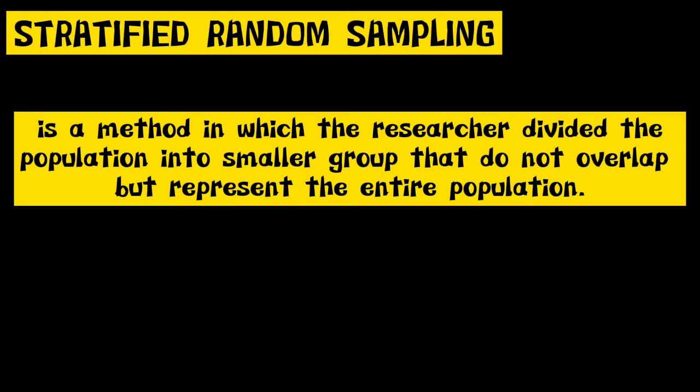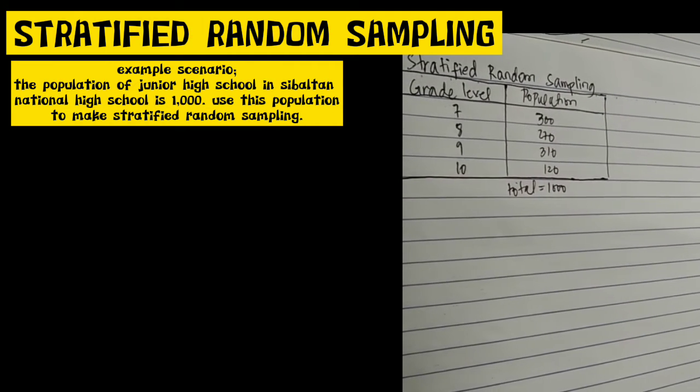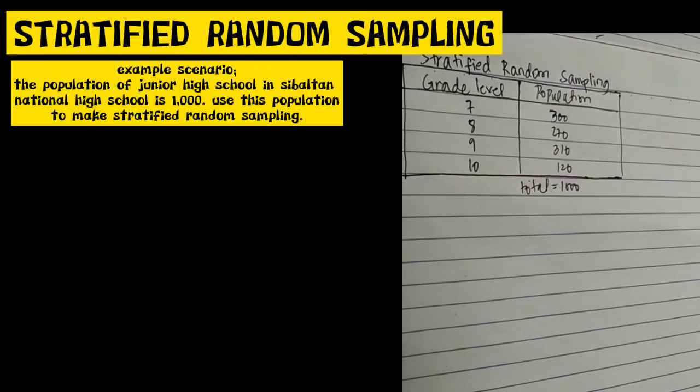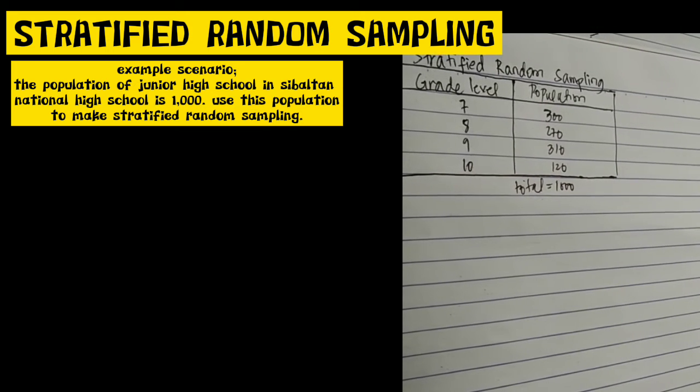And the next but not the least, stratified random sampling. It is a method in which the researcher divides the population into smaller groups that do not overlap but represent the entire population. So let me read the example. Assuming the population of junior high school students in Sbaltan National High School is 1,000.